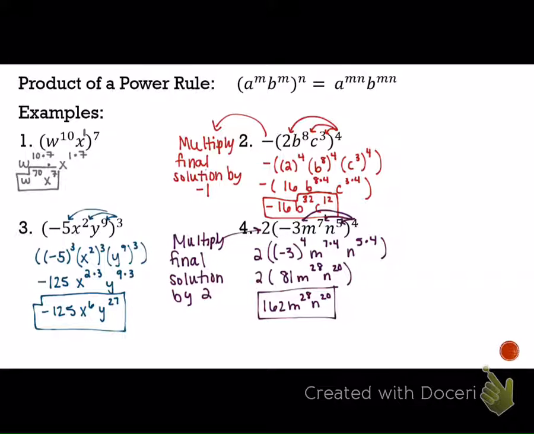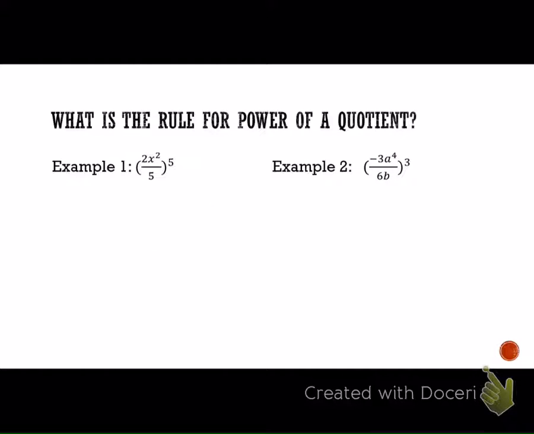All right, so let's look at another rule then. What is the rule for a power of a quotient? So again, we're going to list this out. So I have 2x over 5 to the 5th power, which means I list that out 5 times.